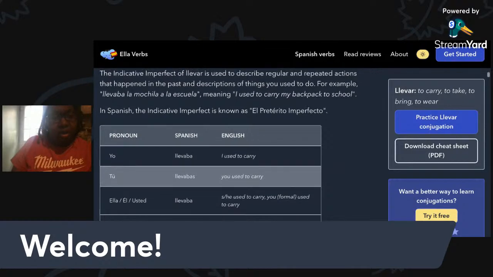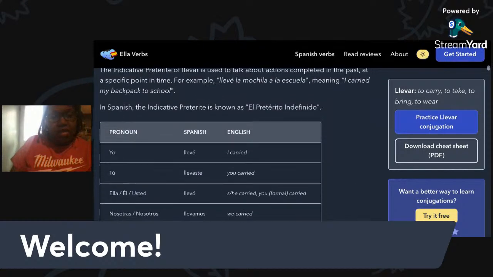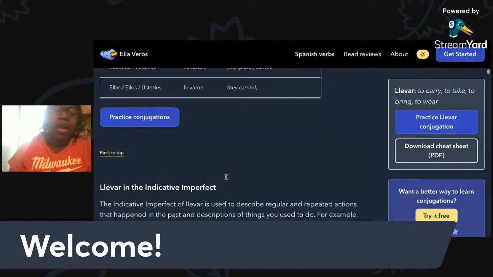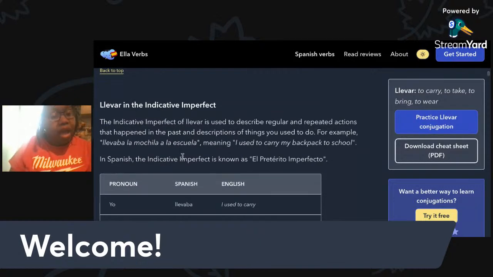We'll see. Indefinite meaning llevé la mochila a la escuela, I carried my backpack to school. And I used to carry my backpack. So I can see the difference.